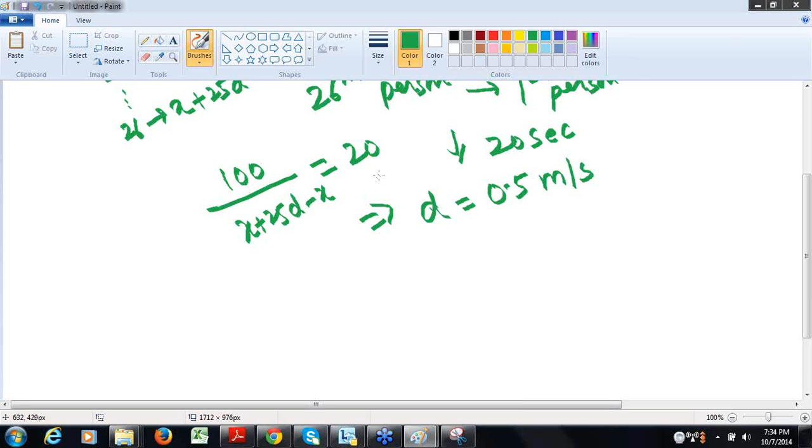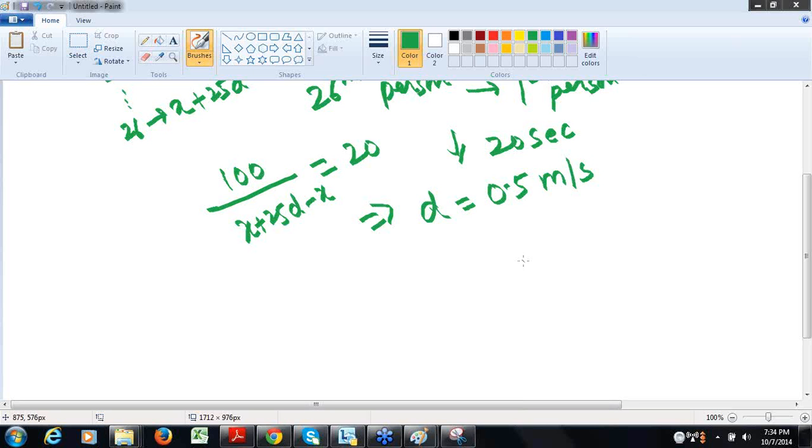The first person meets the 26th person. How will it meet? It will meet in this way only, because we have to calculate relative speed. So distance upon the relative speed is equal to 20. So we found out the common difference. When two people are meeting on a circular track, the relative distance covered is 100.